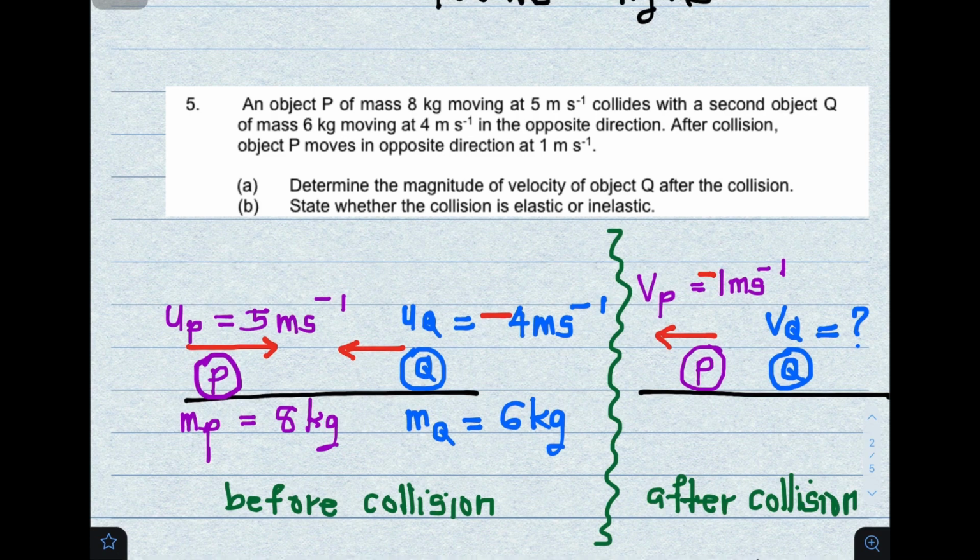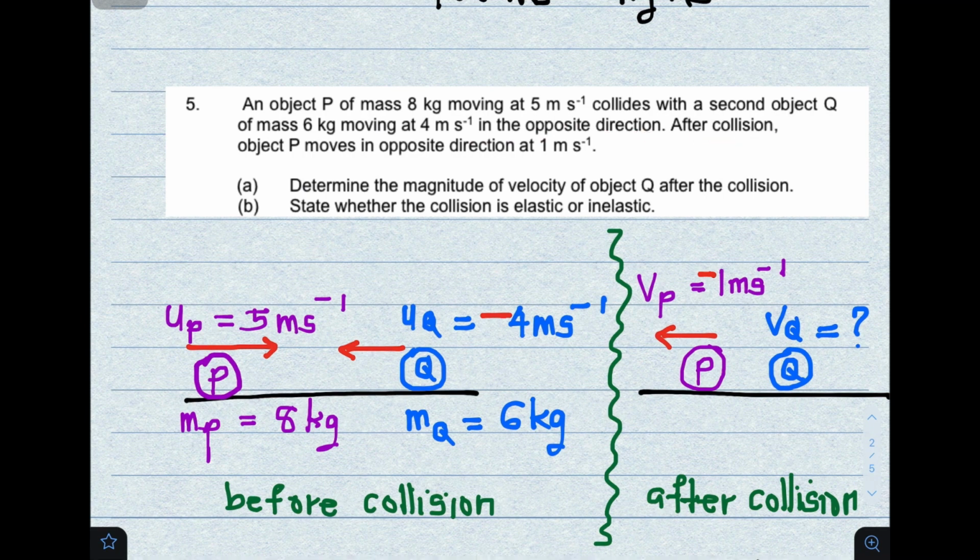Now, let's discuss question number 5. An object P of mass 8 kg moving at 5 meter per second collides with a second object Q of mass 6 kg moving at 4 meter per second in the opposite direction.